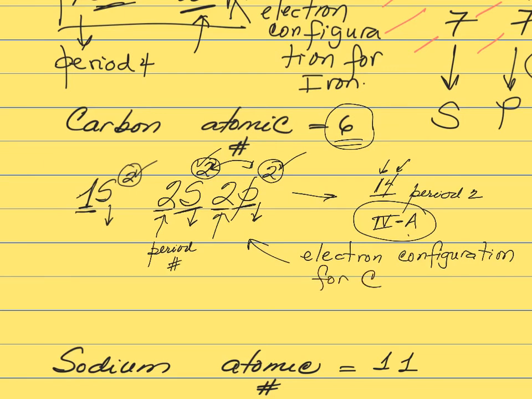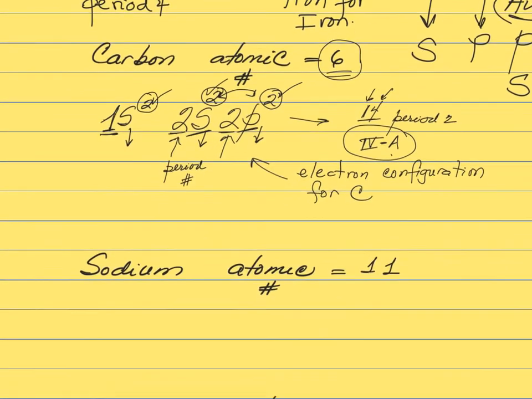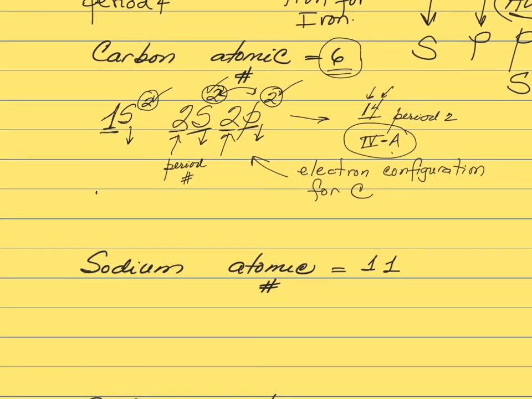But let's say that I want to draw the orbital diagram. For my first level, my 2 electrons, one up, one down. For my second level, s orbital, one up, one down. My p orbital has 3 orbitals, and I have to put 1 and 2 according to Hund's rule and the Pauli exclusion principle.